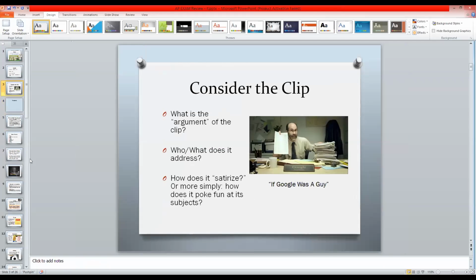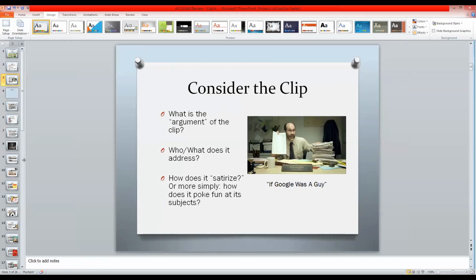Otherwise, my questions for you, and we can just free range answer these, are a couple of questions I want you to consider for these three points. Number one, what is the argument of the clip? All clips that you ever see, all essays you ever read, there's always a central argument to it. So in this case, what is the author of this piece trying to convey or deliver to us?